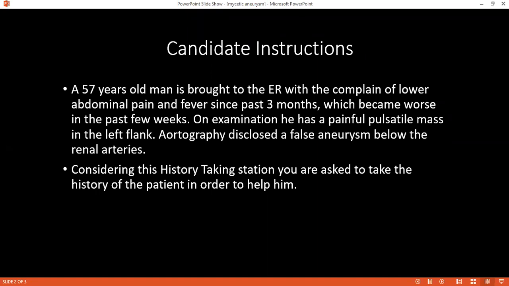Do you feel that the swelling is having pulse? No pulse. Is it present all the time or does it appear and disappear?